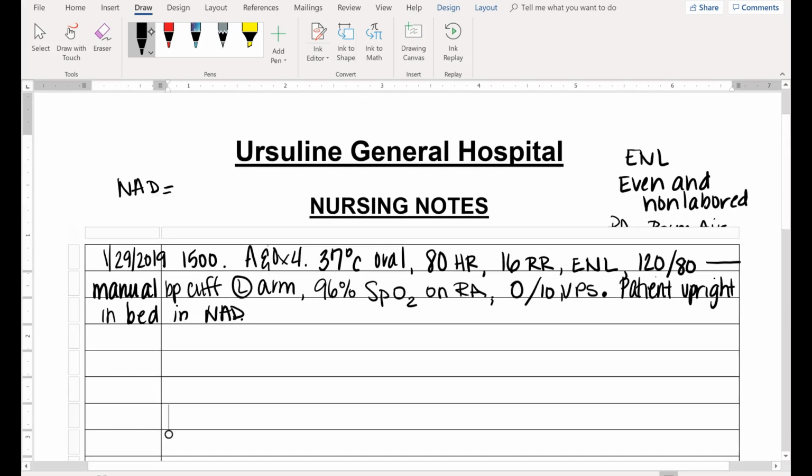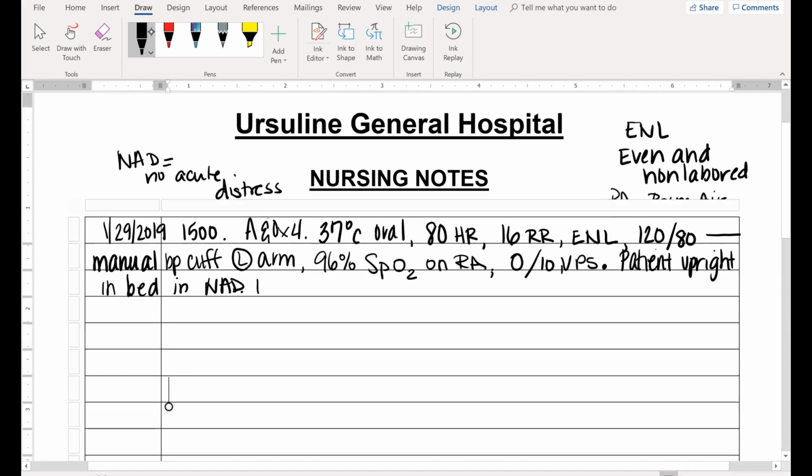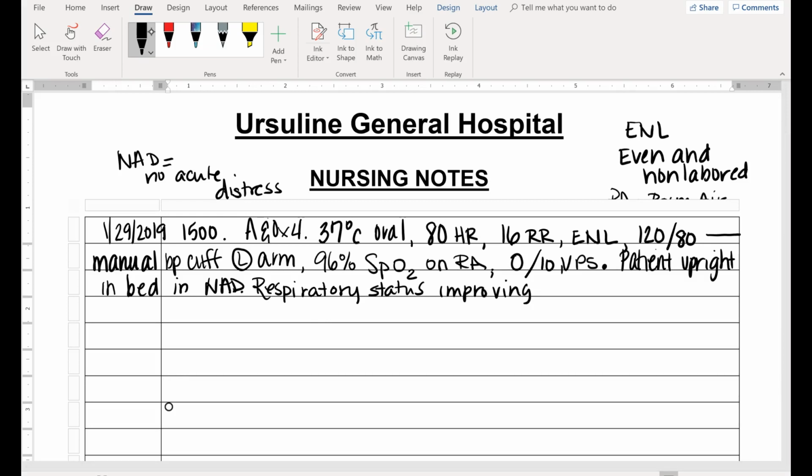NAD is no acute distress. Respiratory status improving. We might put in there that the patient is talking with a visitor at bedside.